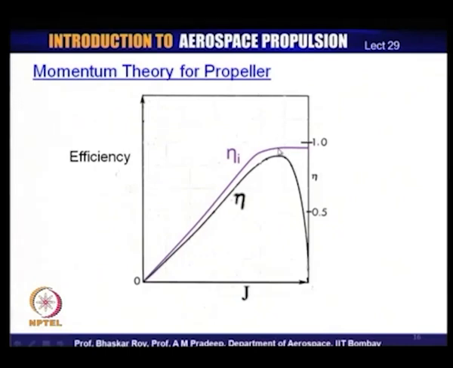Once it reaches a maximum efficiency, it remains there. There is no reason by this theory for it to fall thereafter. So, this is another simplification of the momentum theory, that it gives us very quickly a handy method of estimating the thrust and the efficiency, but both are likely to be slightly idealistic and somewhat on the higher side compared to what one would actually get.